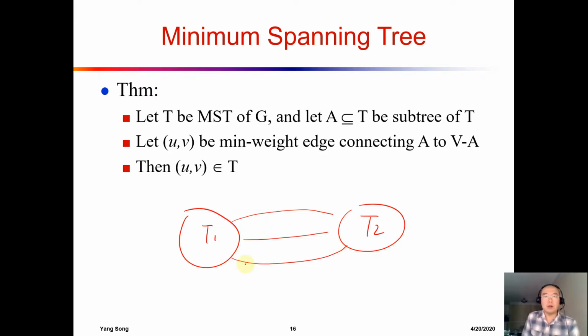If we know that the subtrees T1 and T2 are already optimal MSTs, then we only need to pick the smallest value from weight 1, weight 2, and weight 3. Say if weight 3 is the smallest one, then we just keep the T1 and T2, and we pick the edge with weight 3 because that's the smallest one to connect the T1 and T2.